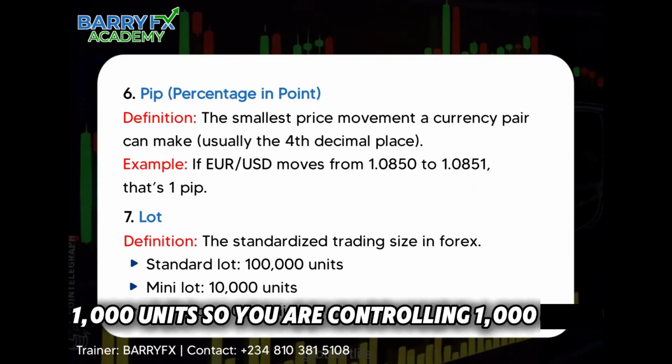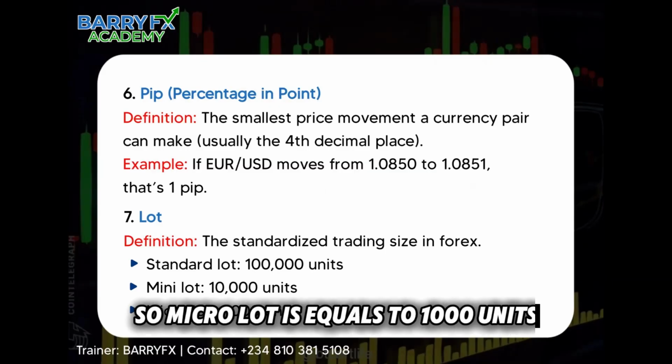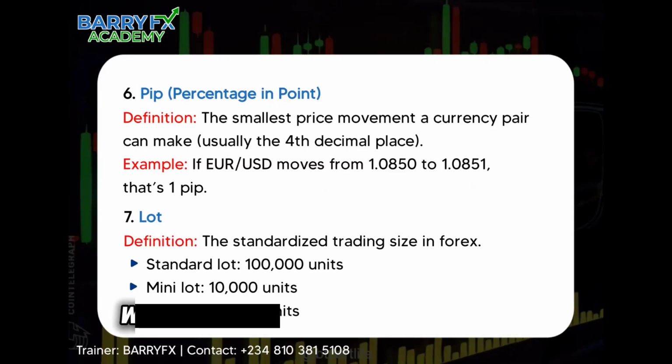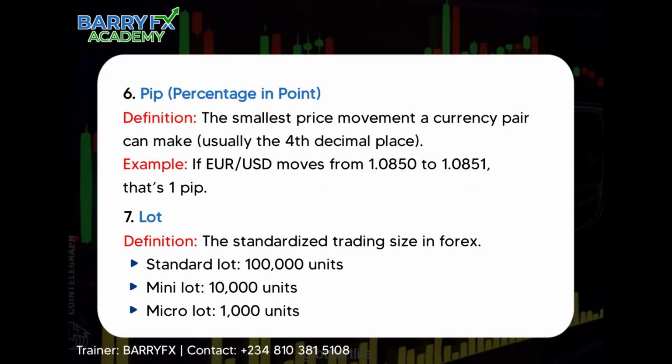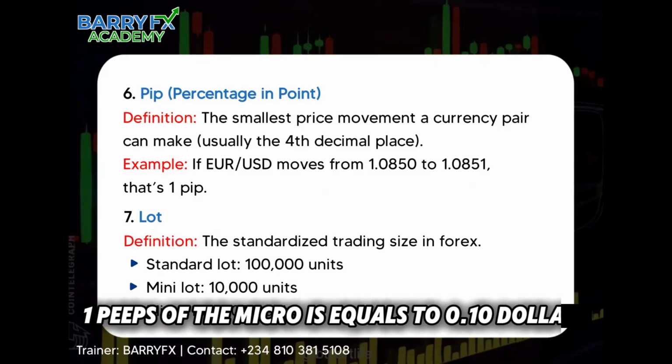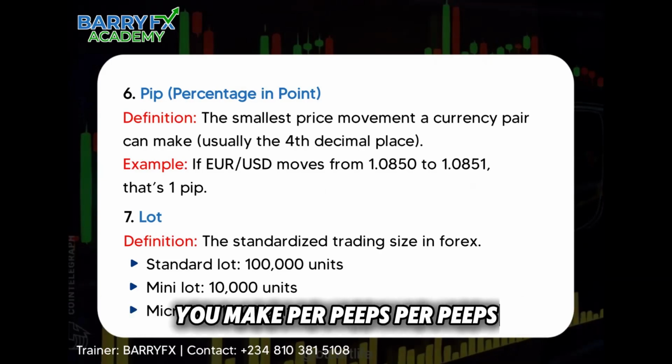So you're controlling 1,000 units of the base currency. Micro lot equals 1,000 units, where 1 pip equals $0.10. You make $0.10 per pip.